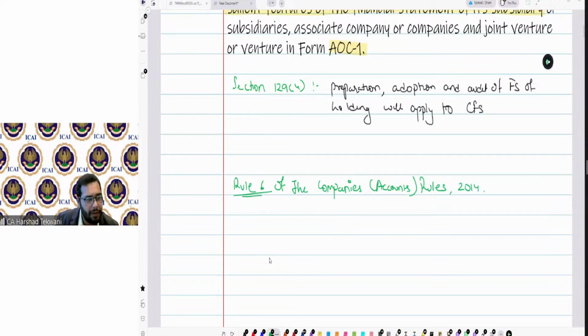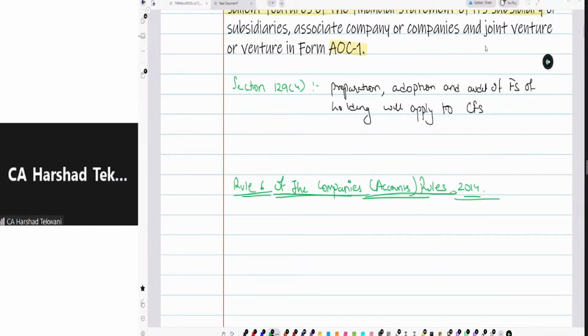Rule 6 of the Companies (Accounts) Rules of 2014. Can anyone tell me about this rule? Anyone? Come on.